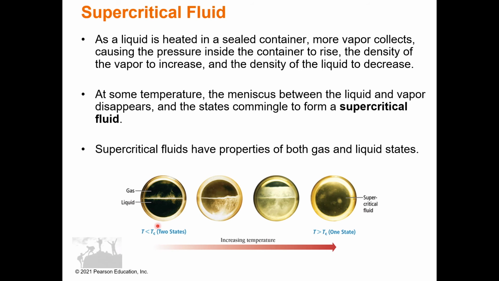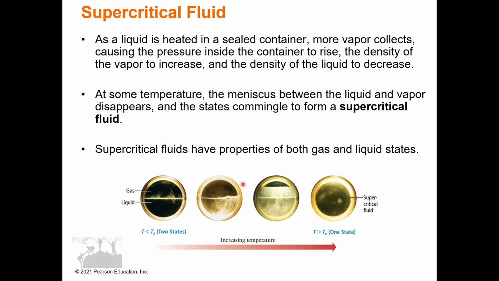So in this sealed chamber, we have some liquid and its vapor above it. Now we're going to increase the temperature of this chamber. As the temperature increases, more vapor is being produced, so the vapor pressure is increasing here. We're going to keep on increasing the temperature.